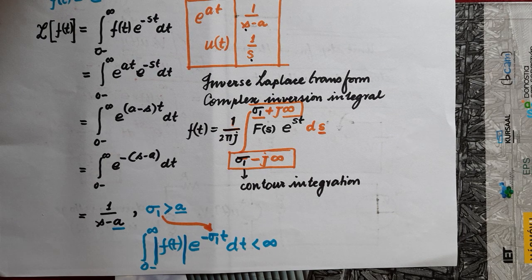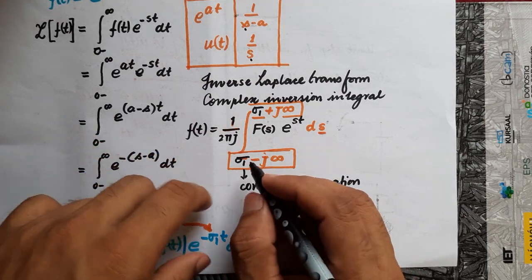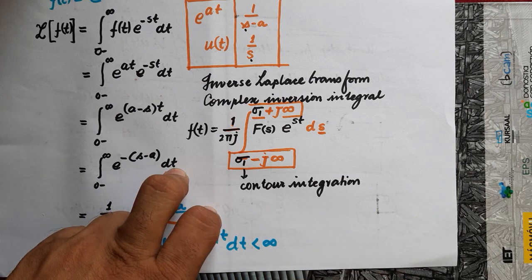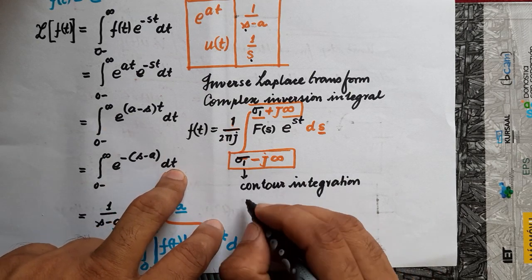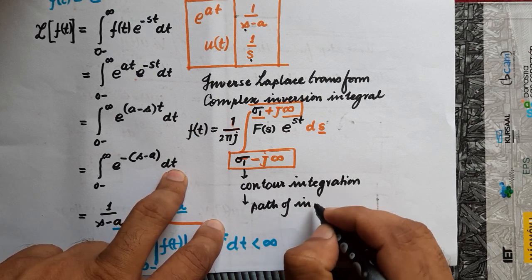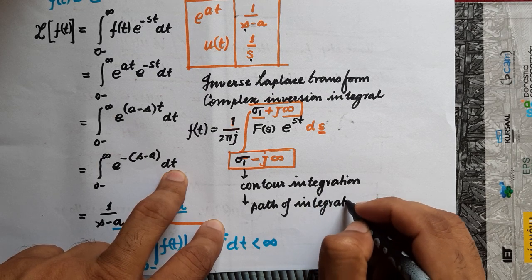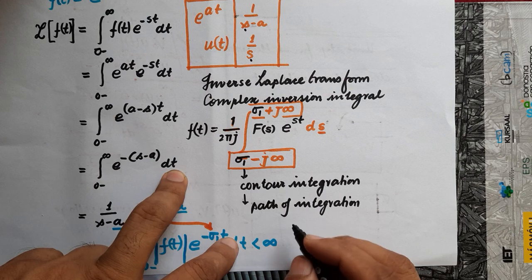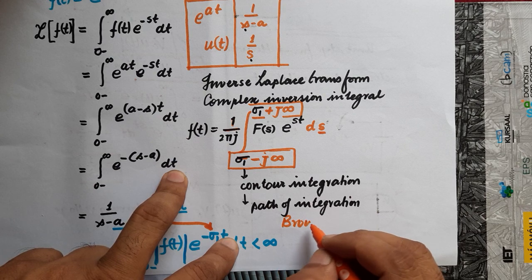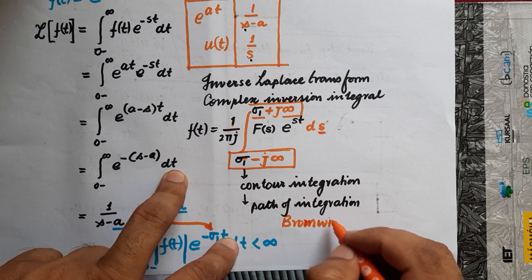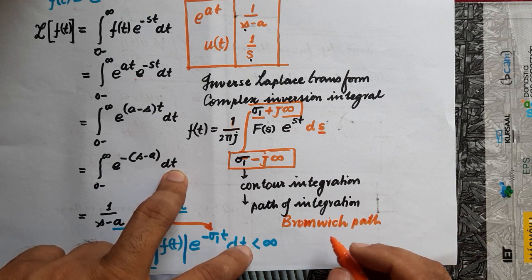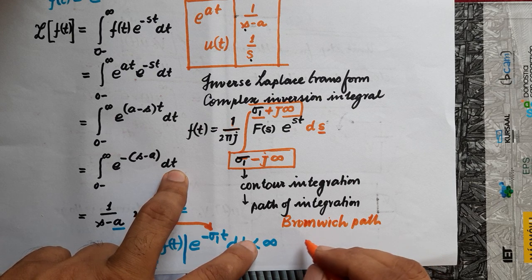And here the path of integration, which keeps the real part constant and varies from minus infinity to plus infinity on the imaginary axis, is known as the Bromwich path, and it is along a vertical line.